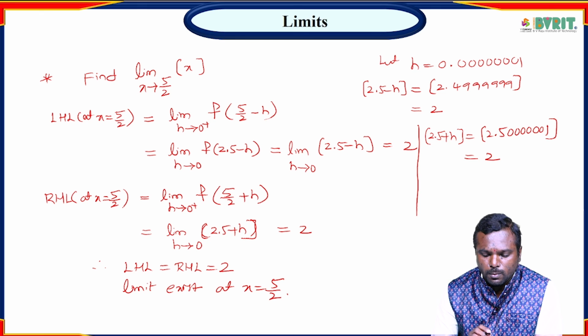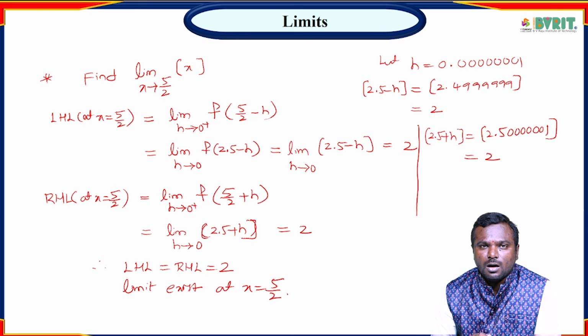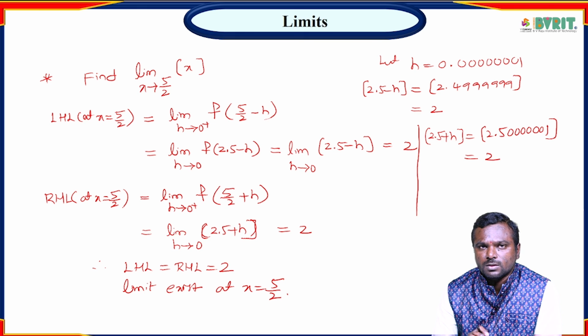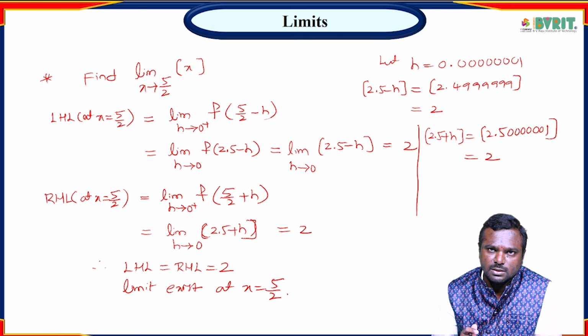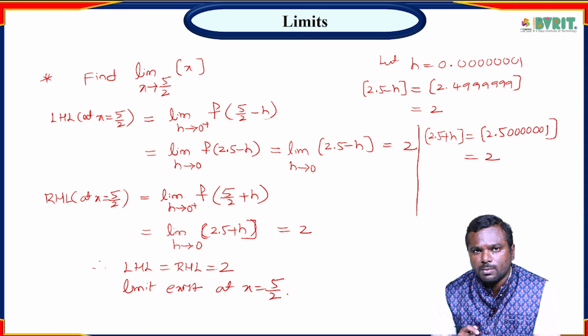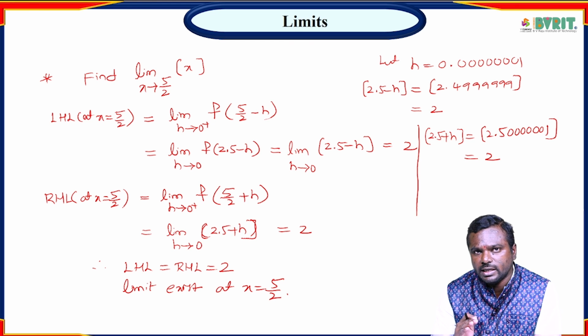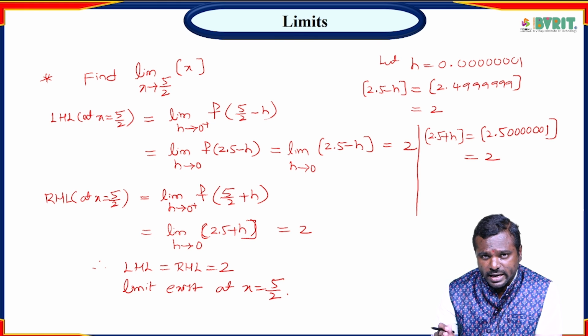This is the problem. So today we discussed the neighborhood of a point, left neighborhood and right neighborhood. After that, the left hand limit and right hand limit. Then we took one example, f of x is equal to x square plus 2, and using that example I explained 3 types of methods: the value condition method, the h method, and the direct method.